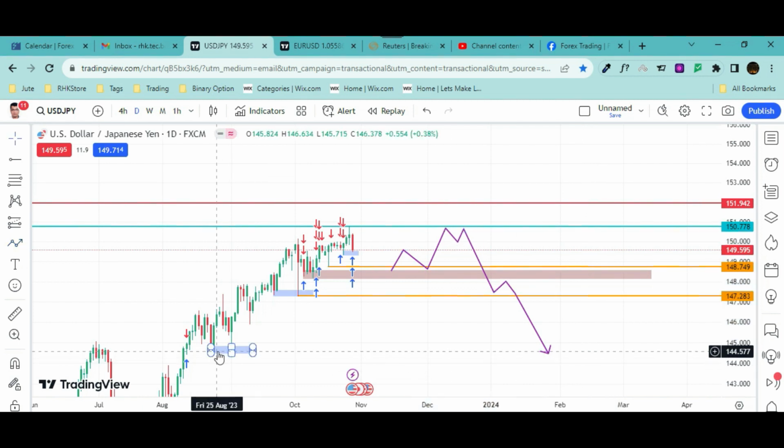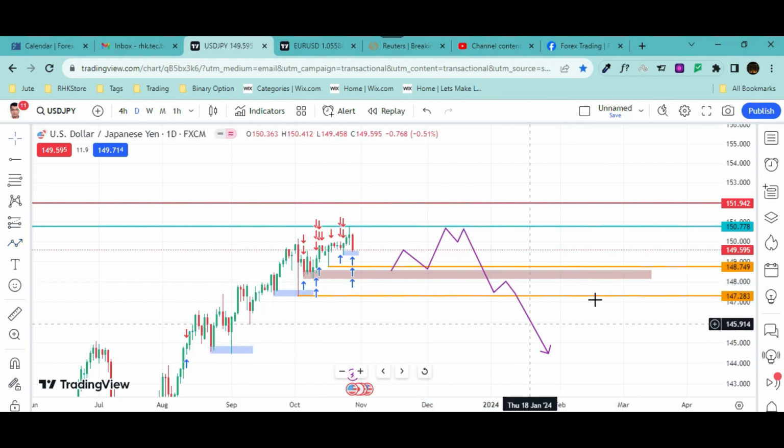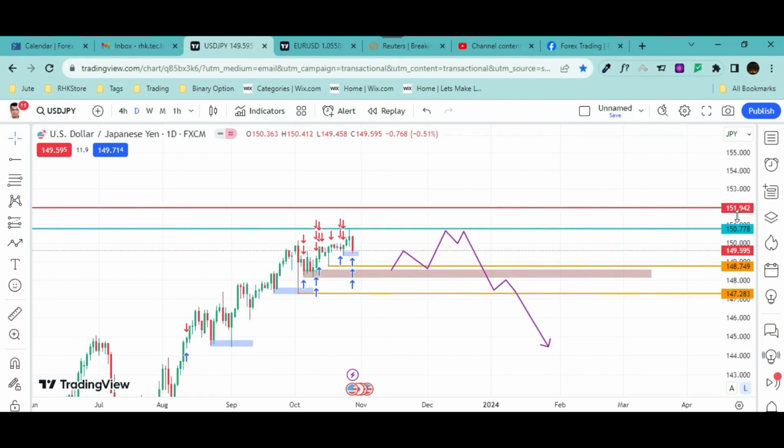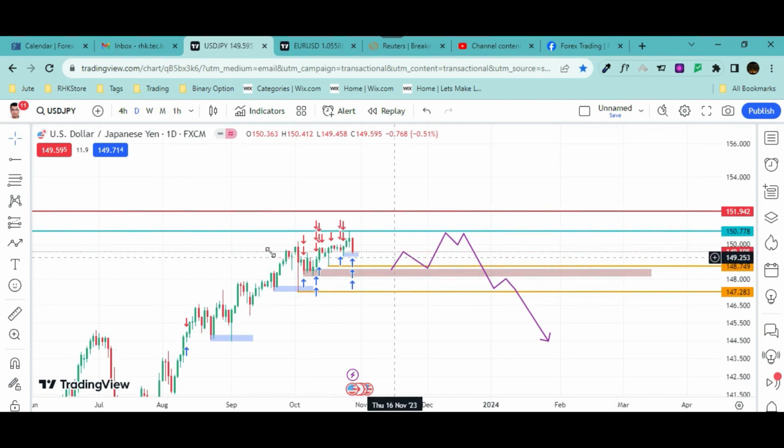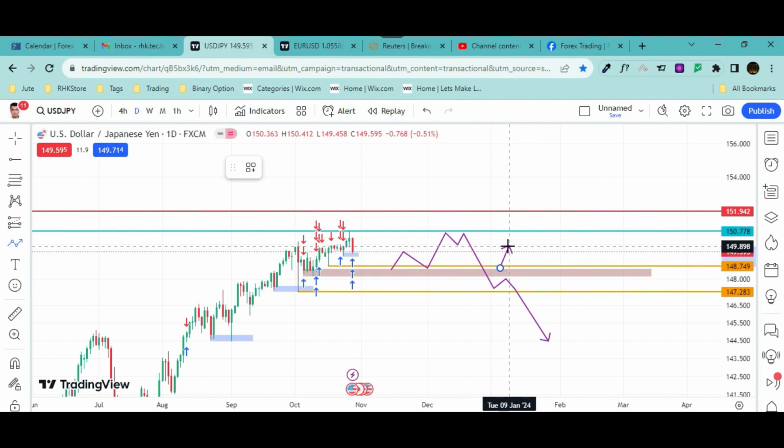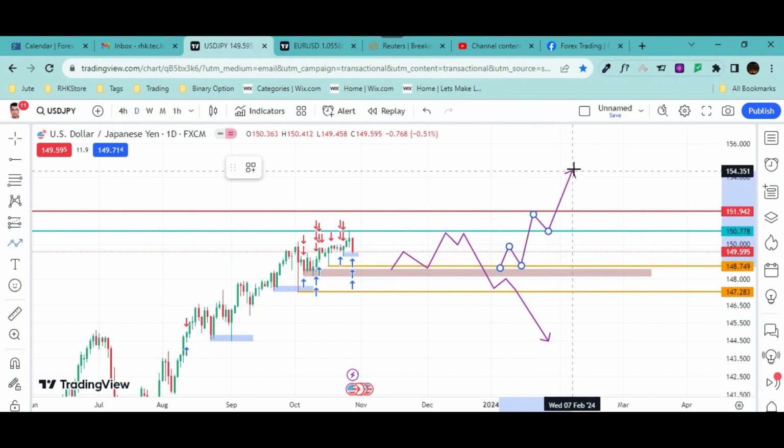And if not, on the daily, if it fails to break down and instead creates a double bottom here, retests this line, breaks this line and retests here, then it will go something like this.